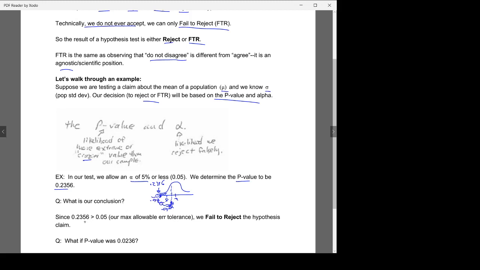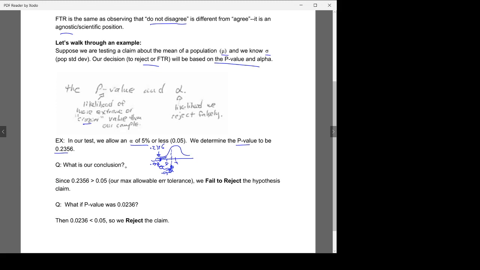So since 0.2356 is greater than 0.05, what that's saying is we're more likely to get a crazier p-value, or more likely to get a crazier sample mean than to make a type 1 error.